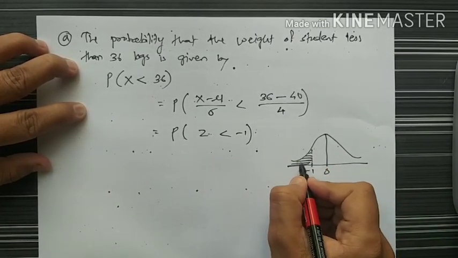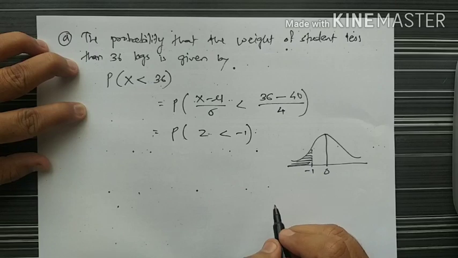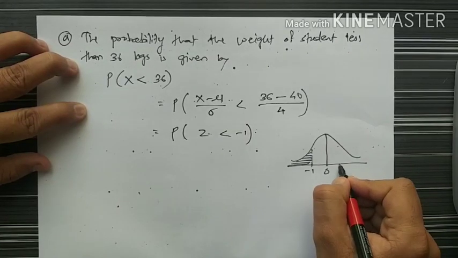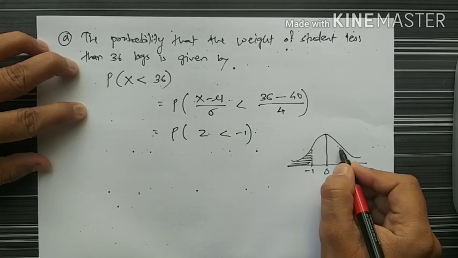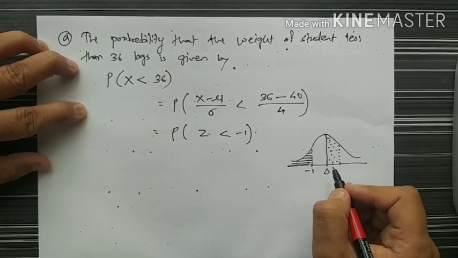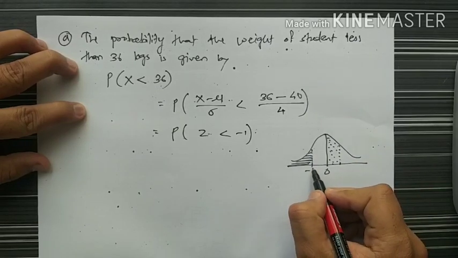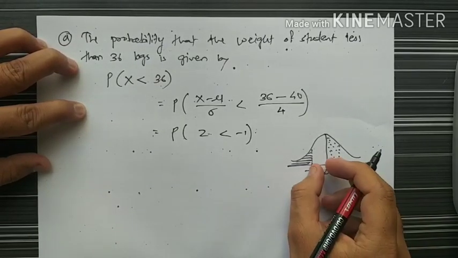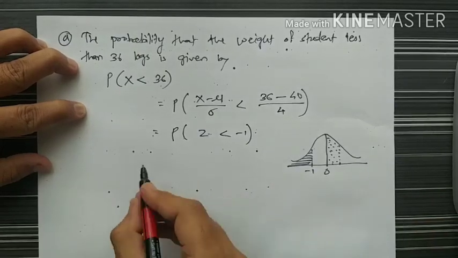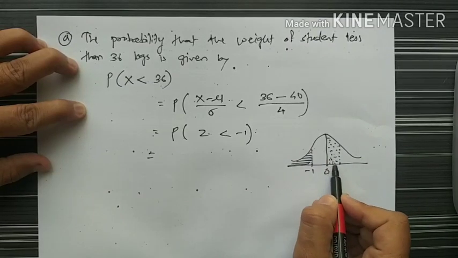As given in the example, the area between 0 and plus 1 is 0.3413, but due to symmetry, the area between 0 and 1 is the same as the area between minus 1 and 0.